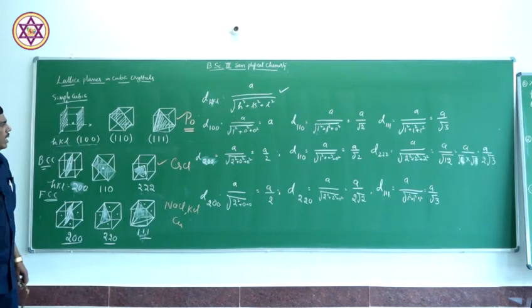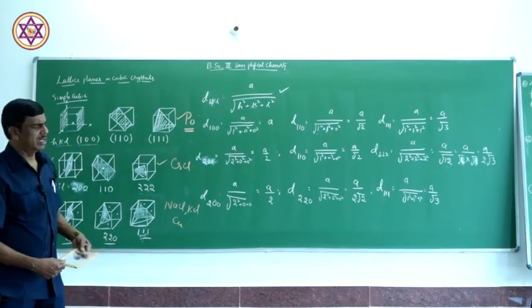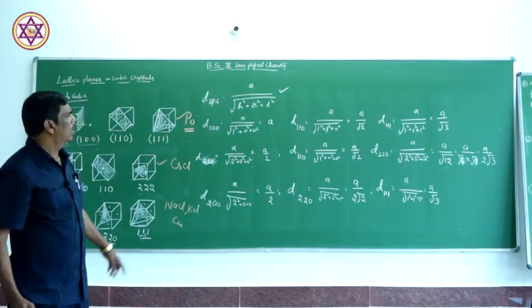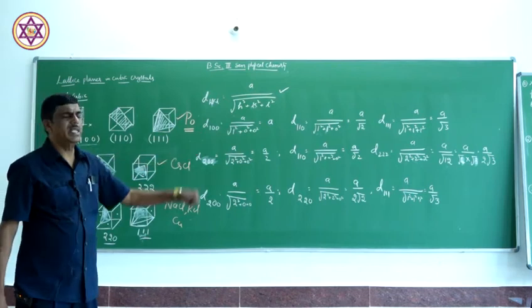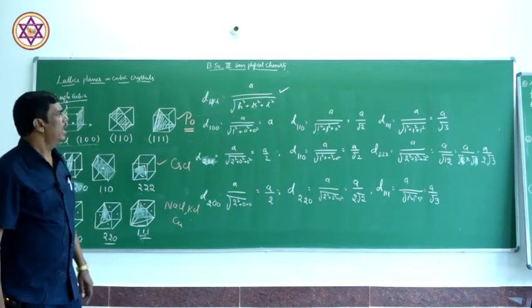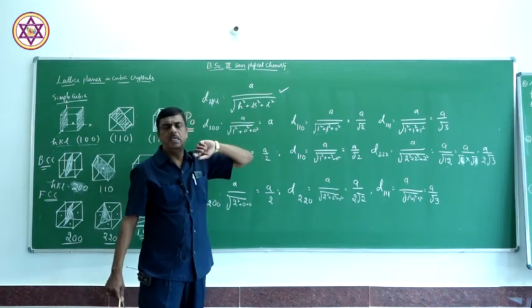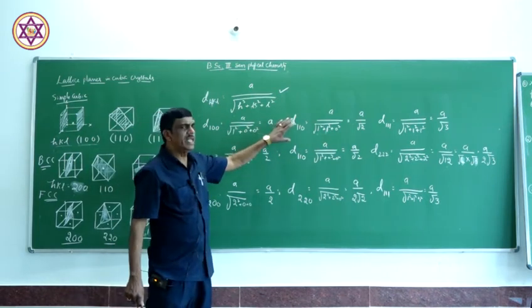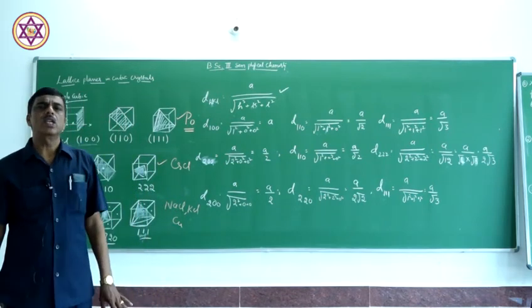Now, after knowing this interplanar distance, what are the applications of the measurement of this interplanar distance? If you take the ratio of the interplanar distances in different directions, that ratio is the characteristic ratio of a cubic lattice.